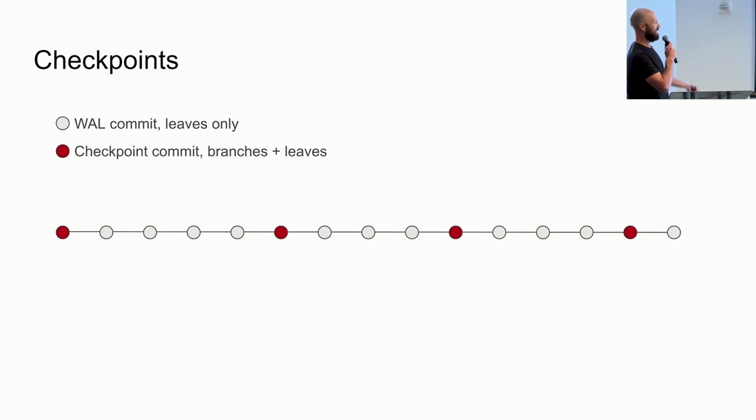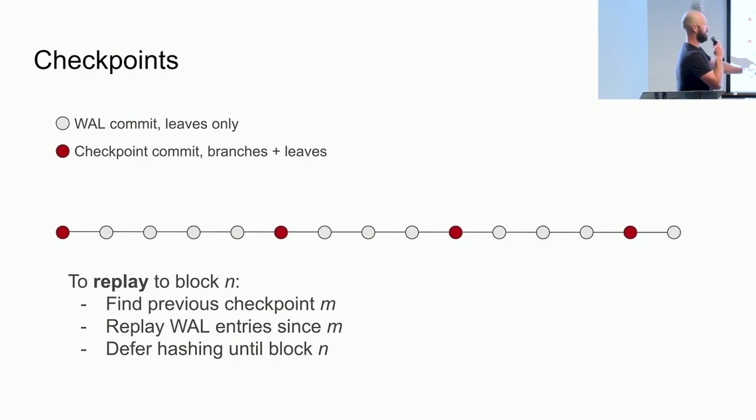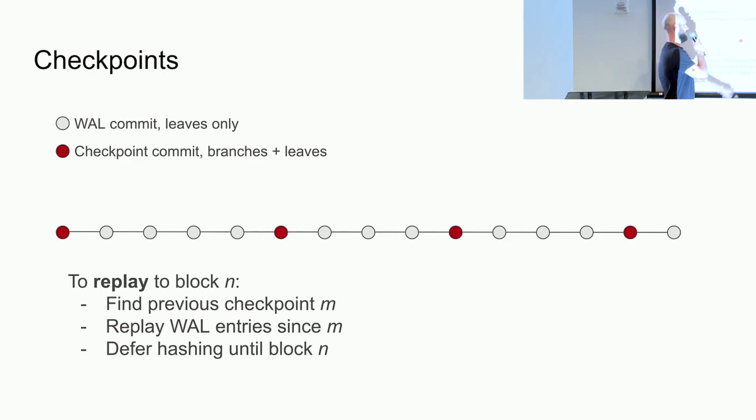Okay, so here's a kind of pictograph of a checkpoint. The red nodes are checkpoint events, and the gray nodes are events where we didn't checkpoint. So we only wrote the root hash and the leaves to disk. If I wanted to replay to some block, say this block here, I'm just going to load the full checkpoint, kind of like a keyframe.